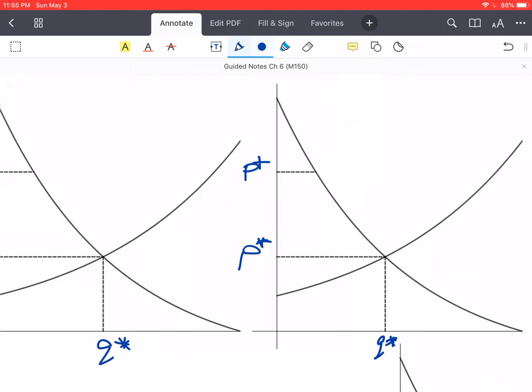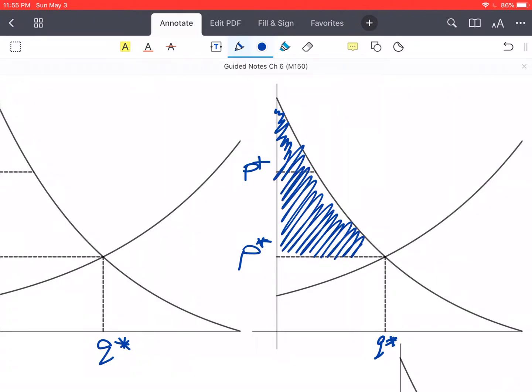Normally, consumer surplus is going to be this. Right? This is the amount saved by the consumers by paying at equilibrium instead of the price they would have been willing to pay. So that would normally be what it looks like.